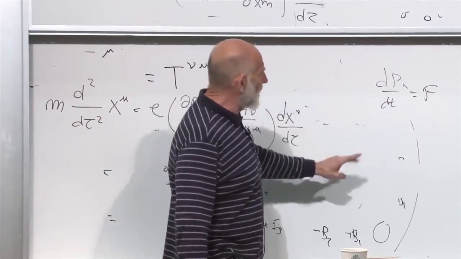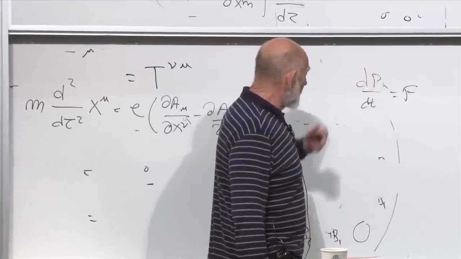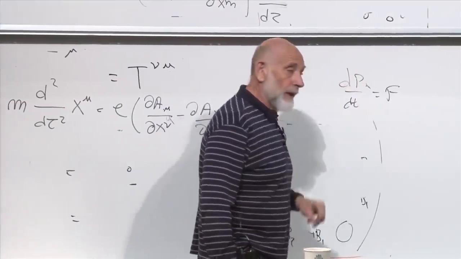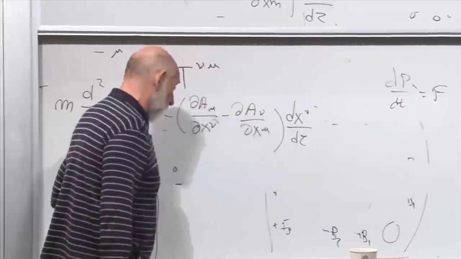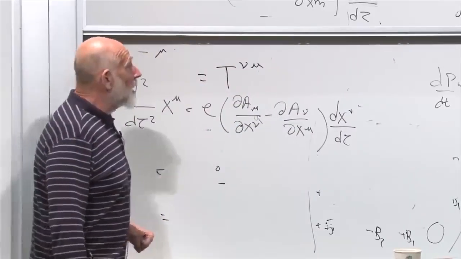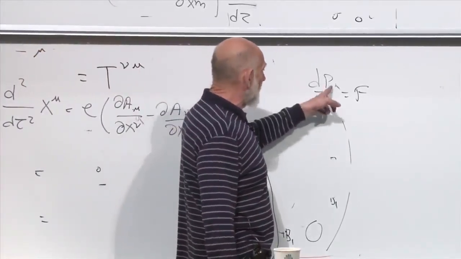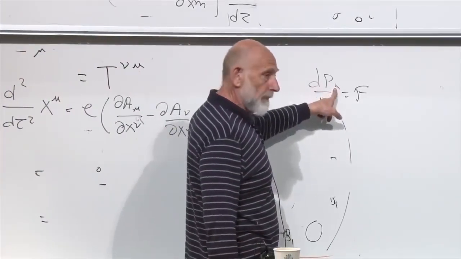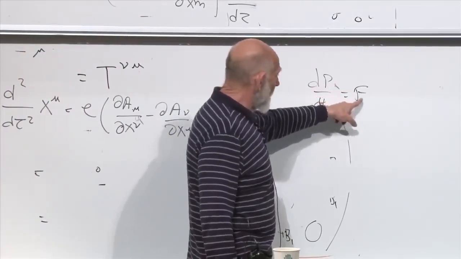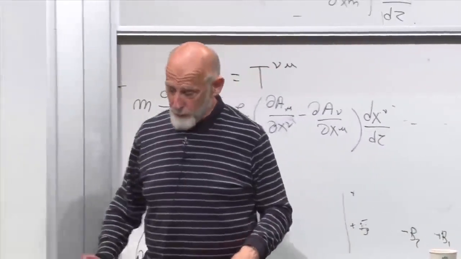So they're exactly the equations that the time derivative of the momentum is equal to the force, and the force being everything that's on the right-hand side of the equations. They tell you not momentum conservation, but how the change of momentum with time responds to the existence of a force.